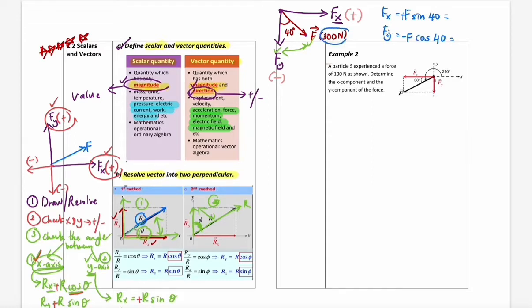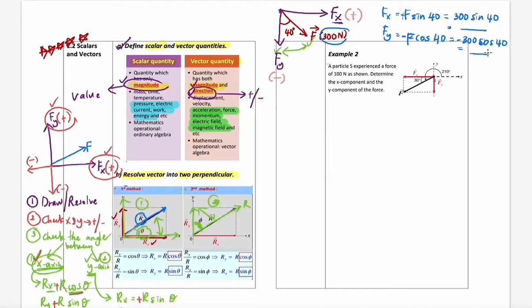F ni sebab mula-mula F ni ada arrow, so bila dia ada arrow dia ada magnitude and direction, tapi bila kita tuliskan dia sebagai F sahaja, it shows that it is the magnitude. So magnitude kita is F, kita akan masukkan 300 sin 40. Yang positif tu tak payah dah lah, okay. Tapi kalau yang negatif, you have to write negative 300 cos 40.